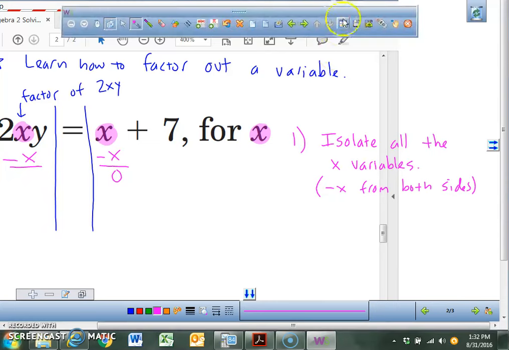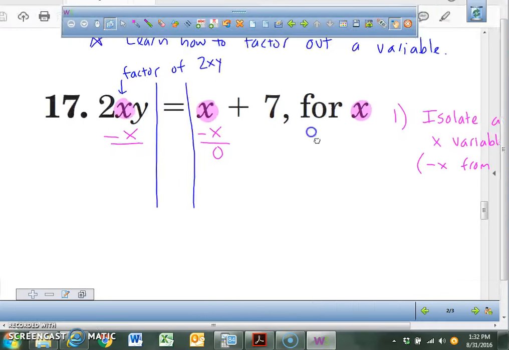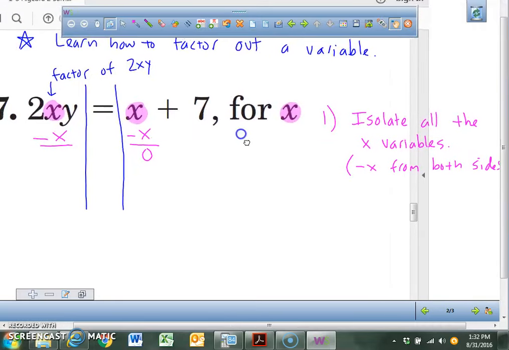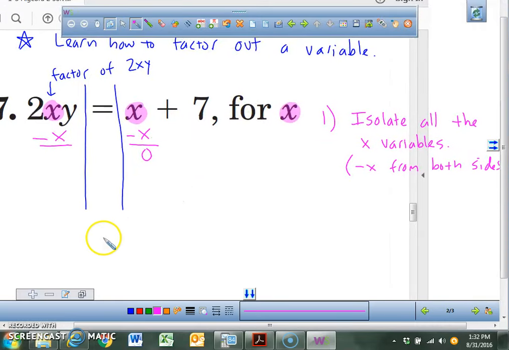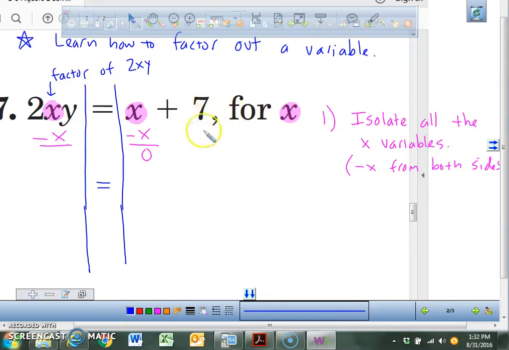All right, that's the first thing that we did. So on the right side, I'm going to move this equal sign down a little bit more. On the right side, all we have is a 7. That's it.